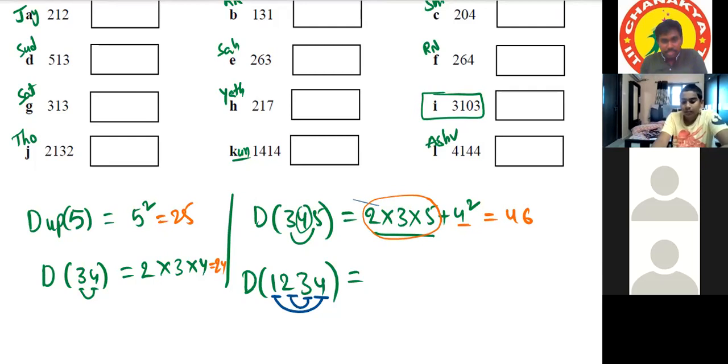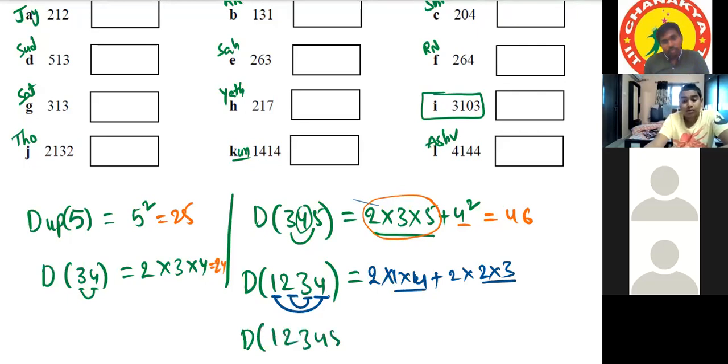Toshnika, see here, if it is a 4-digit number, then 2 times of end digits product, that is 1 into 4, plus again 2 times of middle digits also, 2 times of 2 into 3 also. Okay. Understood? Now for a 5-digit number, like 1, 2, 3, 4, 5, can you tell me the duplex of this?